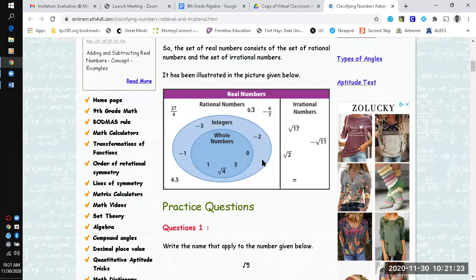So this is like a quick example of something that I found, where you have real numbers. All right, the big umbrella is real numbers, and then it's broken down into two parts, rational numbers and irrational numbers. I'm going to pull up my whiteboard. So we have this big umbrella, and everything underneath that, I'm going to type it in actually, is a real number.